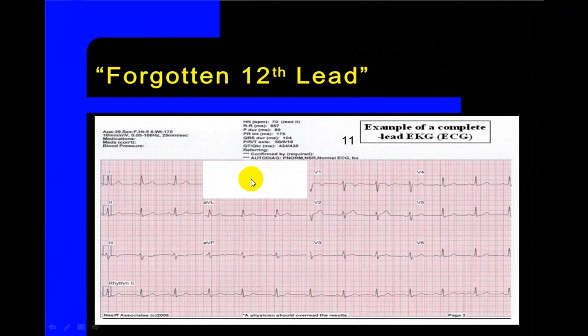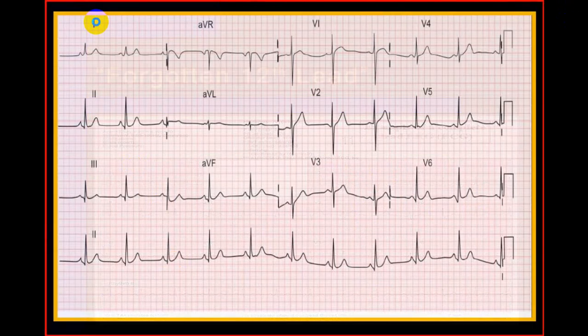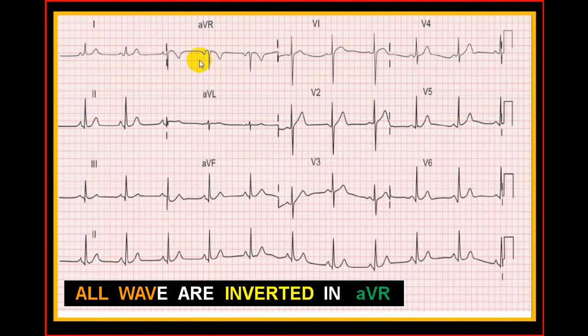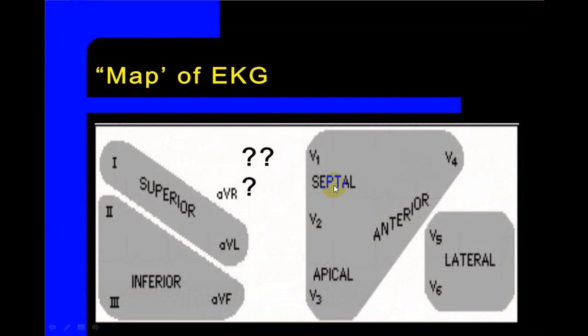Usually we never see AVR; we look at all the other 11 leads, but we don't look at that, and that is the forgotten lead. So here again, the P wave is inverted, the QRS complex is inverted, the T wave is inverted. Even in an infarct, we never pay attention to AVR.